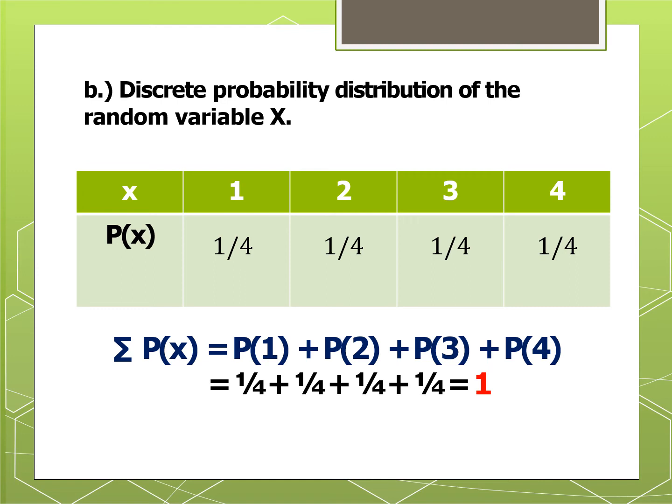So the first property is met. Each of the probabilities is greater than 0 but less than 1, since 1/4 is equivalent to 0.25. And if we add them up, the sum is equal to 1. Therefore, the two requirements for a discrete probability distribution are satisfied, so this is a discrete probability distribution. Did you get it now?